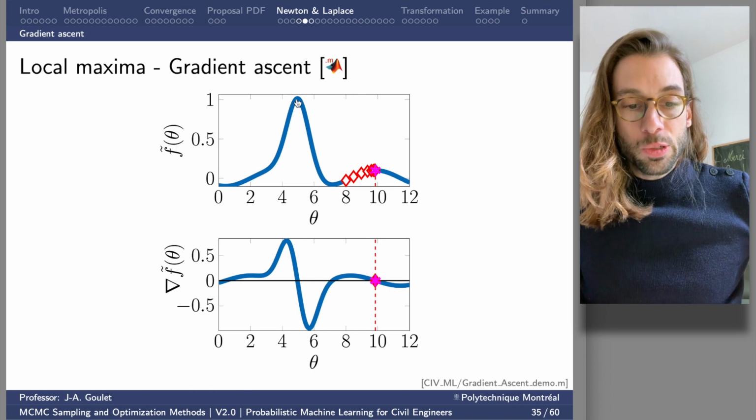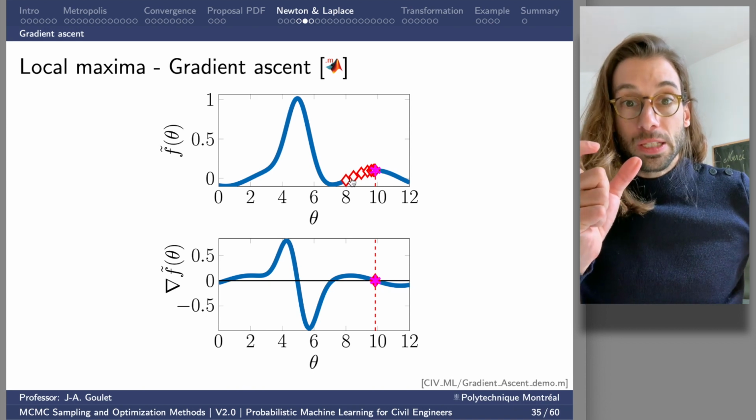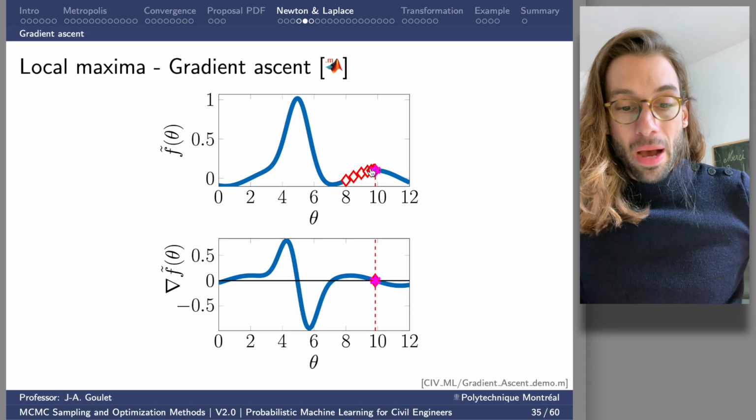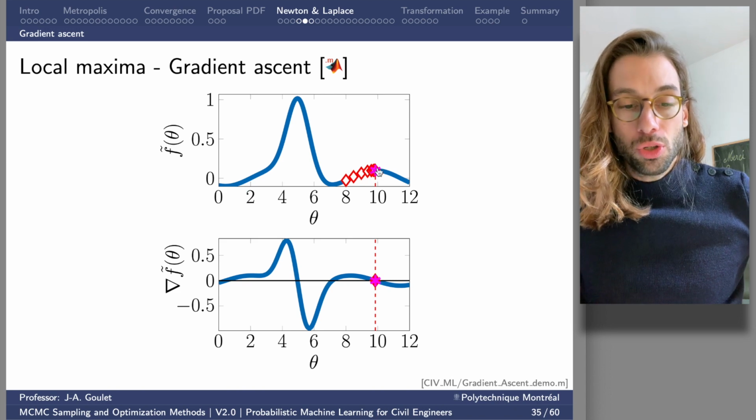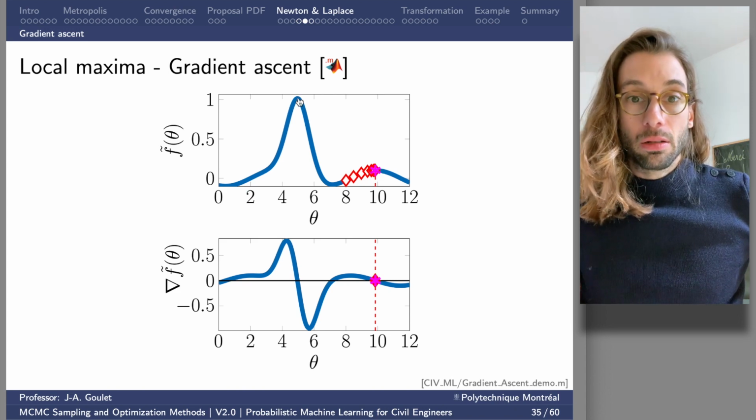In this case, this would be my global maximum, this would be a local maximum, okay? So if I don't start on the right segment, or if I take steps that are too long, I might reach this suboptimal solution rather than reaching that global optimum.